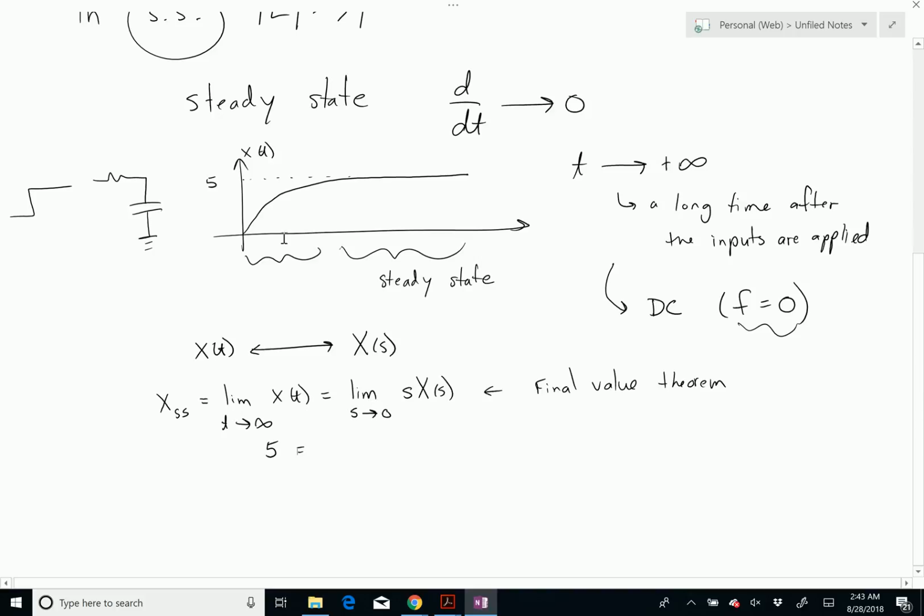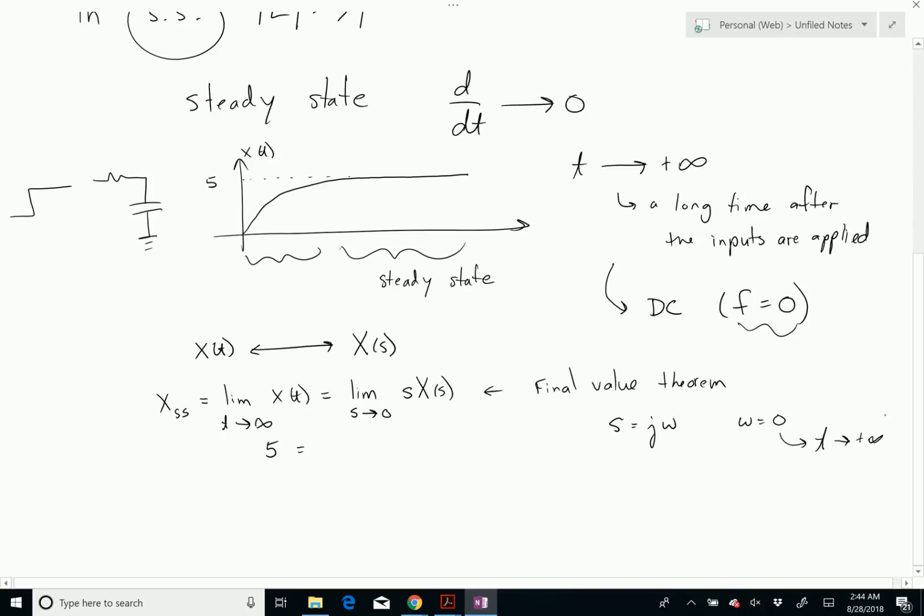So t going to infinity, meaning that everything steadies out and I'm long after the transient, is like looking at the DC condition in a transfer function, okay? Remember, s equals j omega. So when I look at omega equal to 0, it's like I'm looking at t going to infinity, okay?